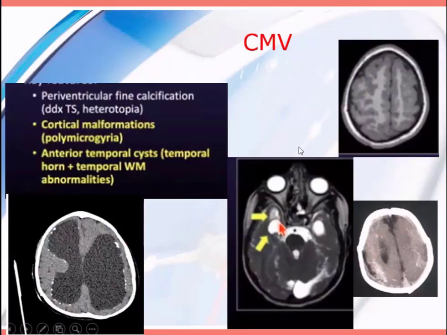Also in cytomegalovirus, we have periventricular fine calcification and cortical malformation, polymicrogyria, anterior temporal cyst, and temporal white matter abnormality. I had a case where the patient had mental retardation. It was an older patient, and the only finding was the dilatation of the temporal horns of the lateral ventricle and the prominent Virchow-Robin spaces.